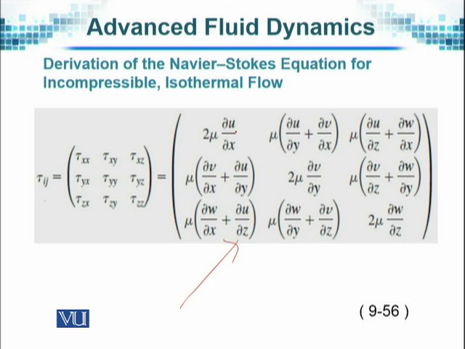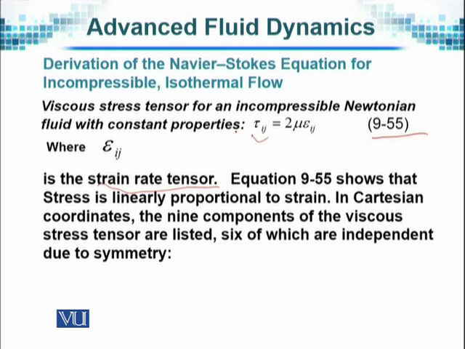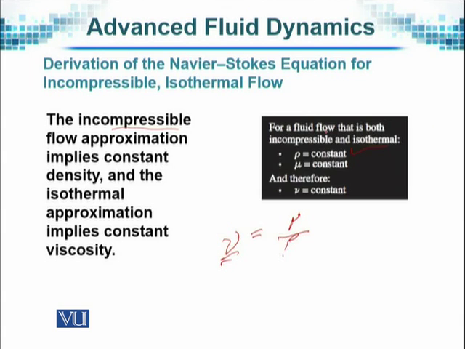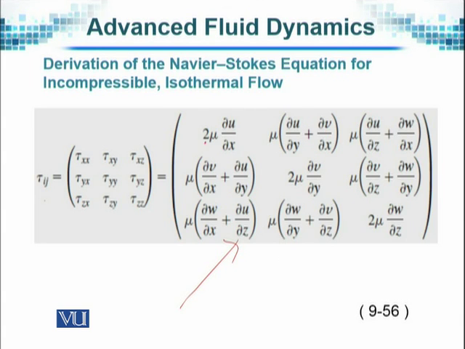mu du by dx, and when I say du by dx, this is the partial derivative. And remember, the epsilon ij is related to this form, and that is why it appears as 2 mu here, because here i and j are the same.